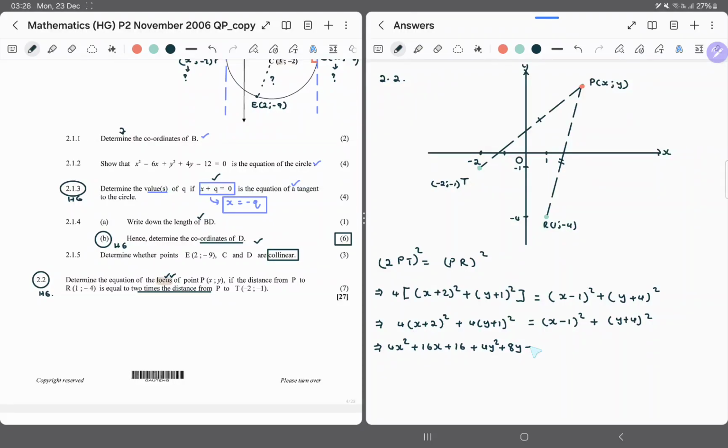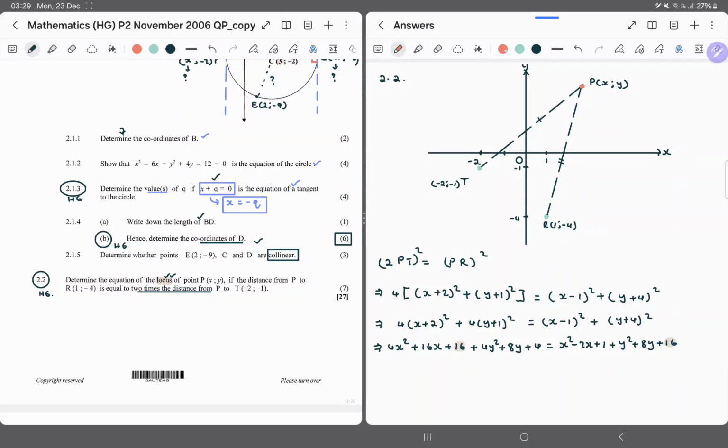So this is going to be plus 4 equals x squared minus 2x plus 1 plus y squared plus 8y plus 16. So there's a whole lot of magic that is going to take place.